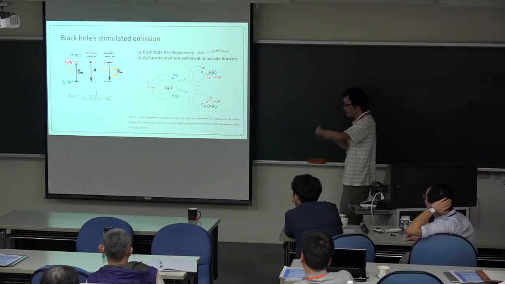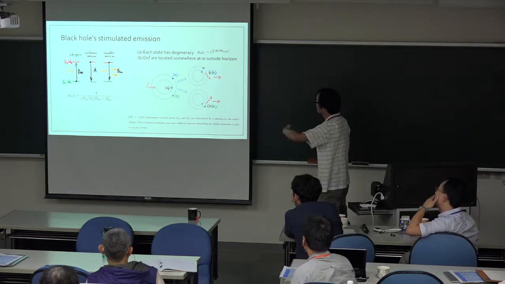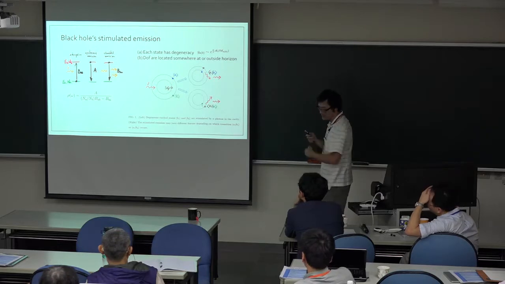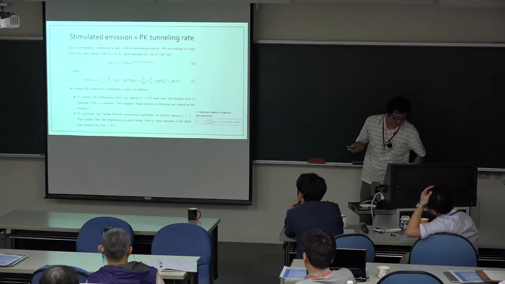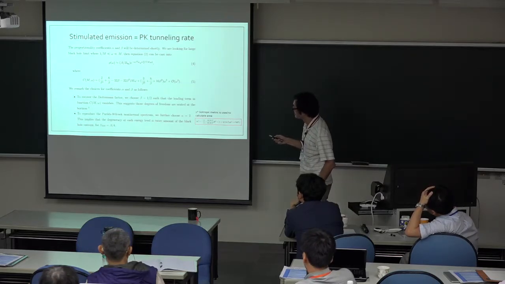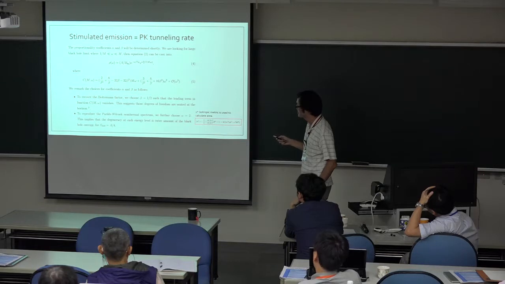That will tell me how far this microscopic degree of freedom is from the center of your black hole. So you don't want this term for sure. This is a mixing of n omega. It doesn't show up in the Parikh-Wilczek rate. So you only have this term remaining, and you have to set this to 0. That gives you beta equal to 1/2.